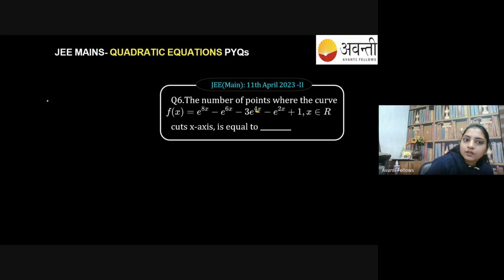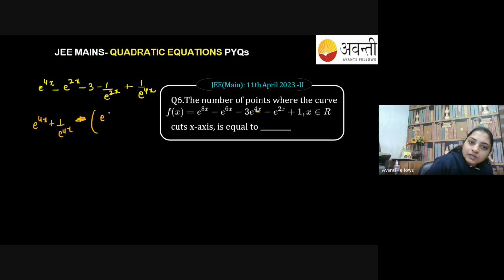So it will be e raised to power 4x minus e raised to power 2x minus 3 minus 1 upon e raised to power 2x plus 1 upon e raised to power 4x. Clear? So e raised to power 4x plus 1 upon e raised to power 4x, and minus is common, e raised to power 2x plus 1 upon e raised to power 2x minus 3. Clear?